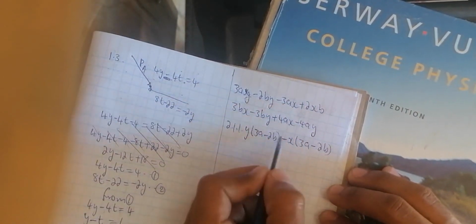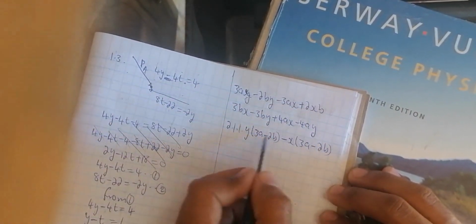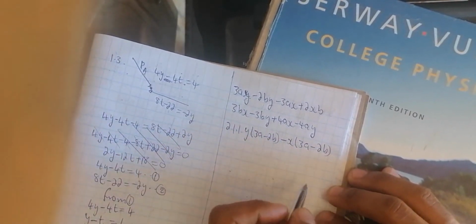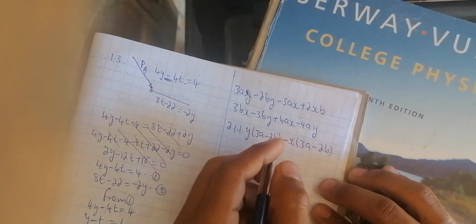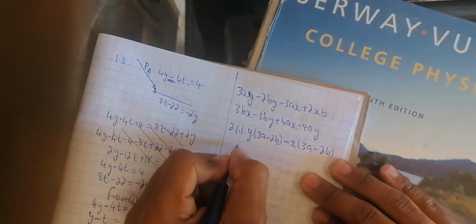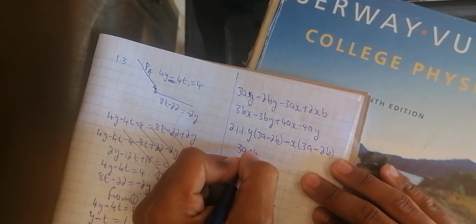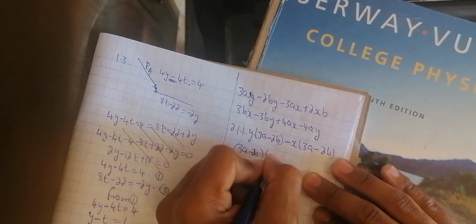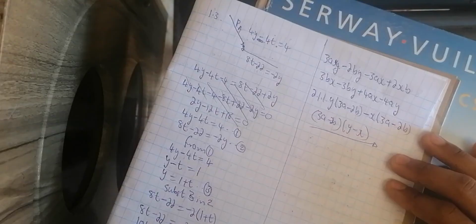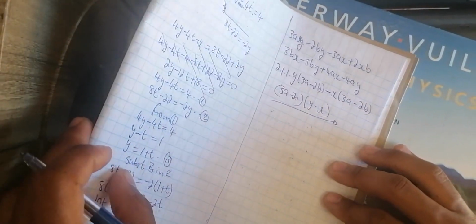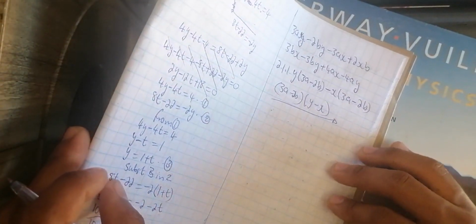This times this is this, and this times this is that. Remember, the aim is to create two brackets that are identical. That is the aim. So (3a minus 2b)(y minus x), and I will be done, right? And then we can continue. Let me just check.